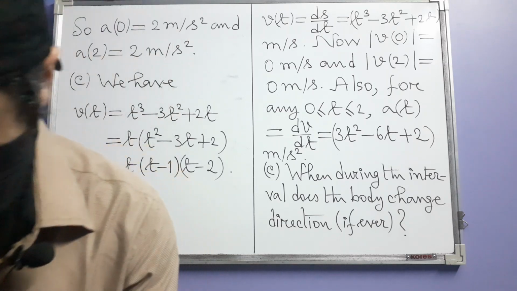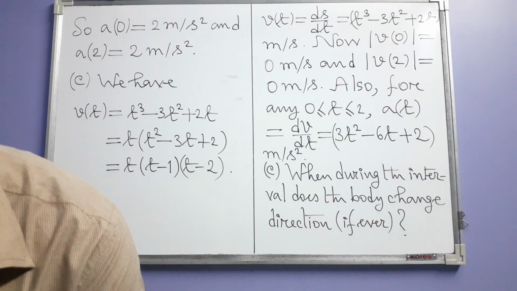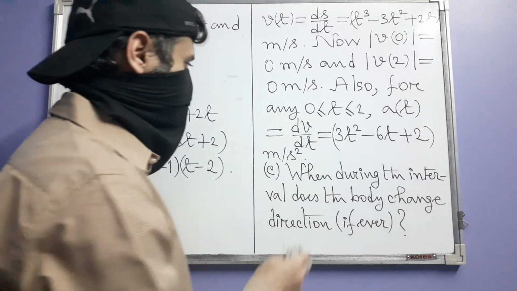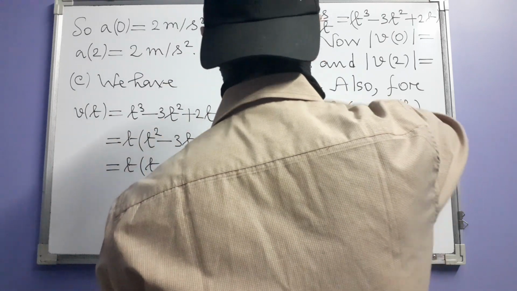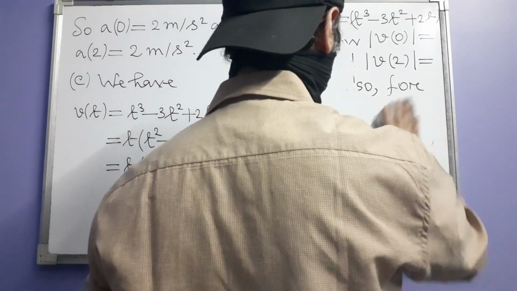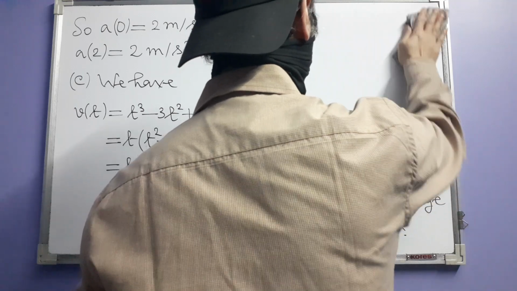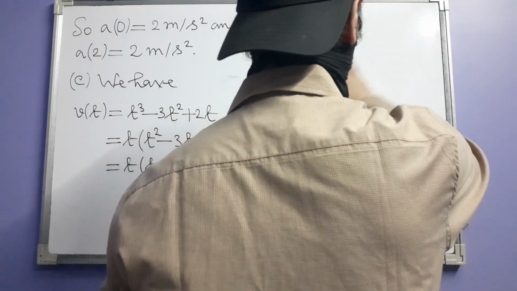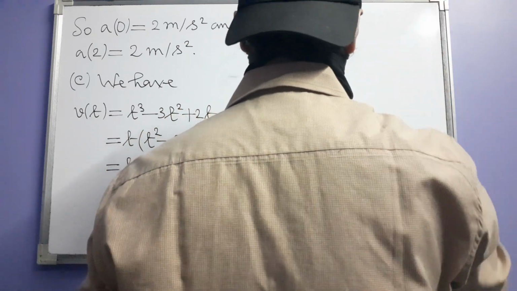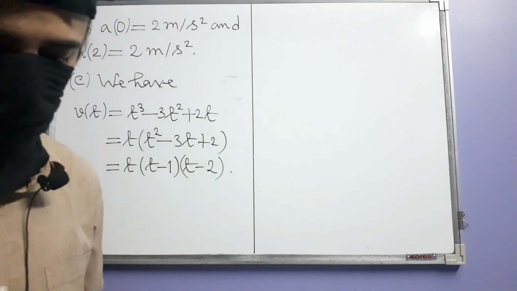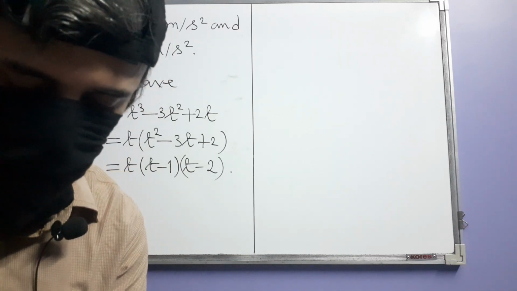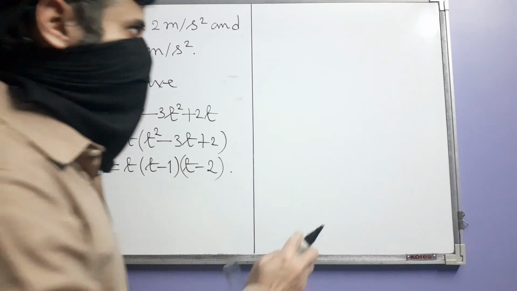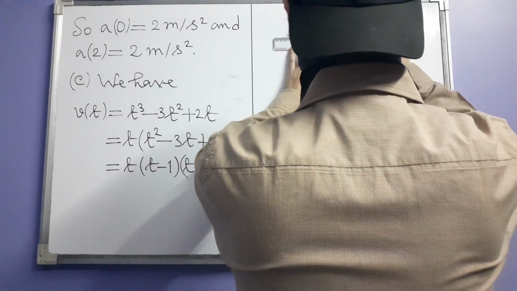Now let me draw a simple diagram to see where this velocity function will be positive, and where it will be negative. Actually we can see without a diagram also, but the general rule is that if you can draw some kind of diagram or picture in a situation, it will become more clear, no matter how trivial the diagram may be.